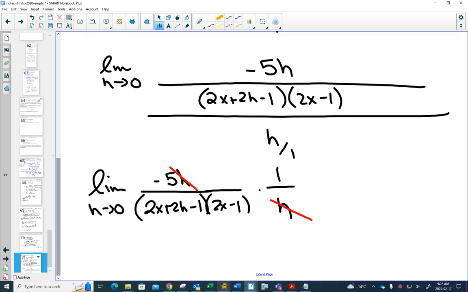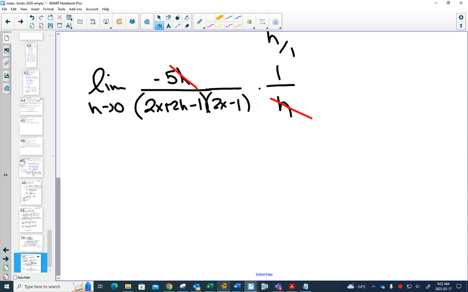I can now apply my limit. This is going to equal -5 over, and maybe you can see on the bottom it'll be 2x minus 1 all squared. Beautiful. Wonderful.